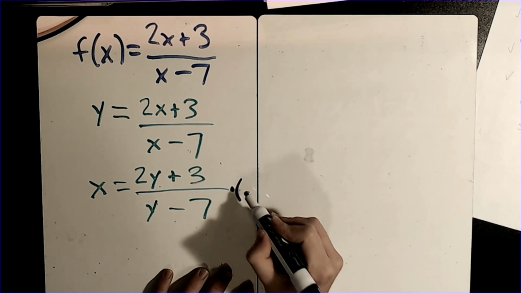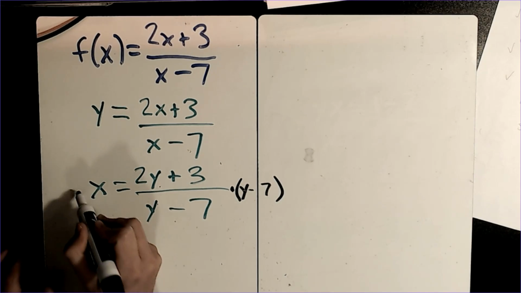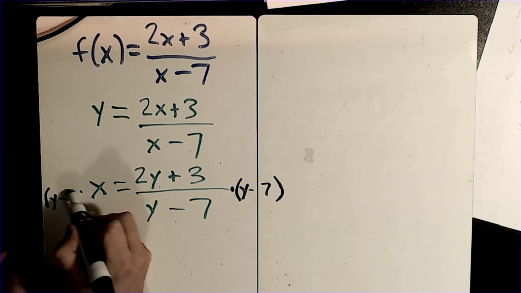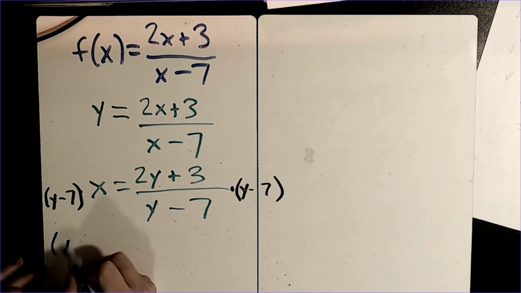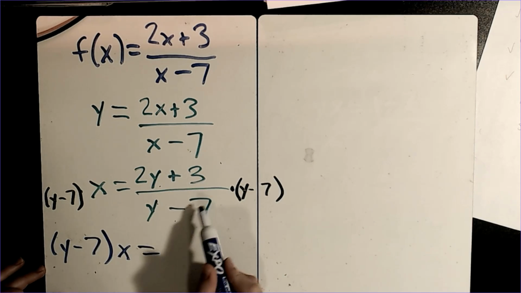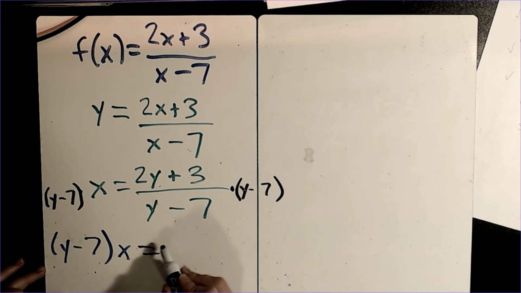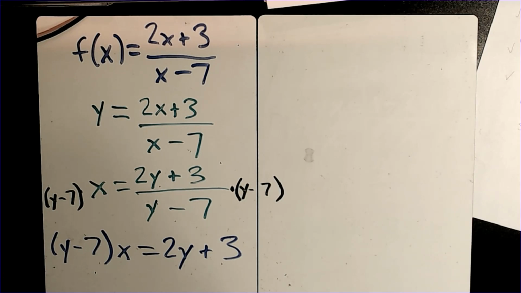I'm going to times both sides by y minus 7 to clear out the denominator. What we're going to end up with here is y minus 7x is equal to, and then these cancel out here, so we get 2y plus 3.